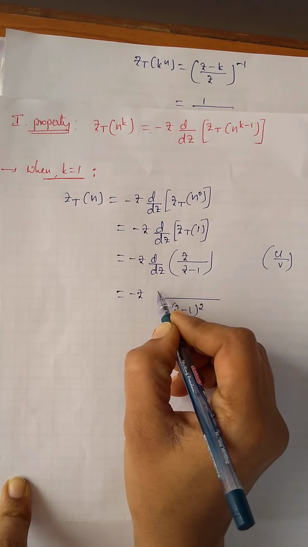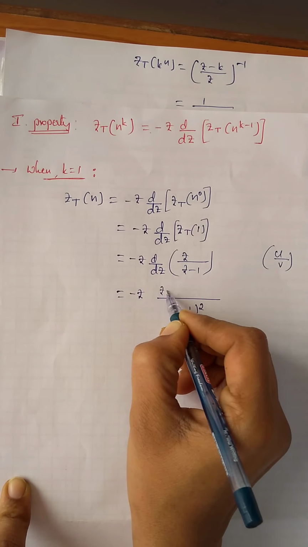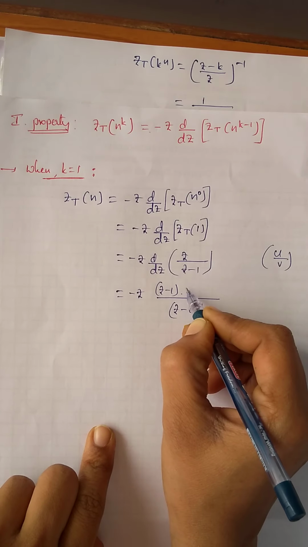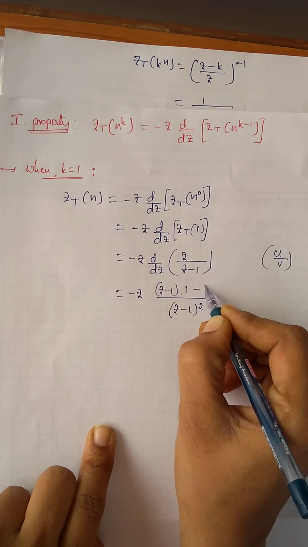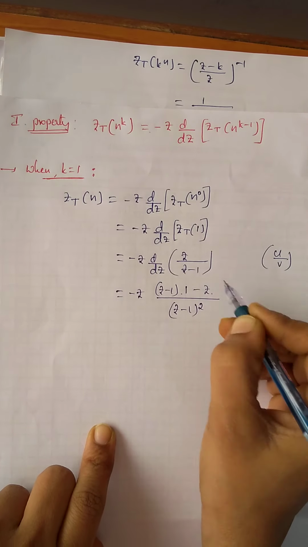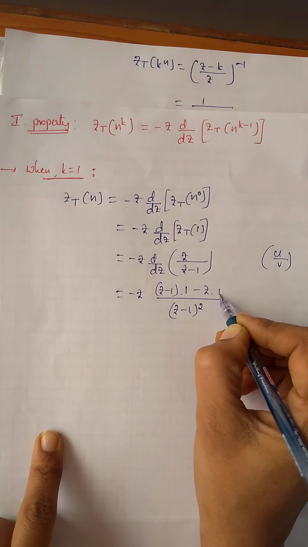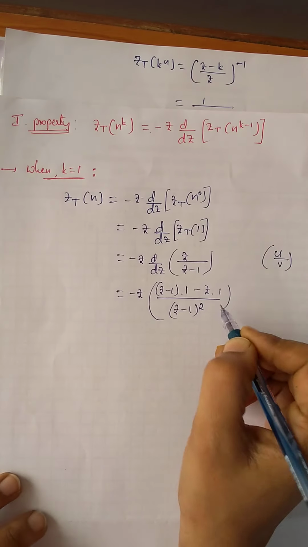And numerator v into u differentiation, here v is z minus 1, into z differentiation with respect to z is 1, minus u into differentiation of denominator, that is z into z minus 1 differentiation with respect to z, we get 1. This is very simple differentiation.